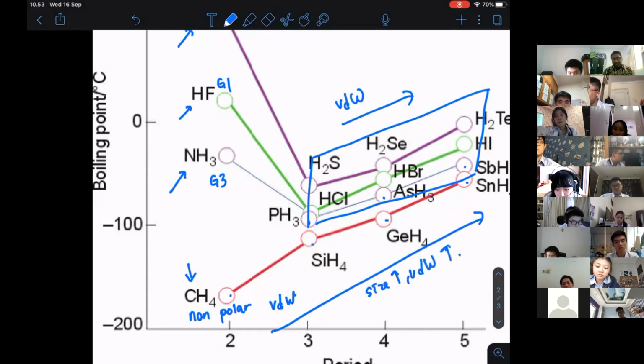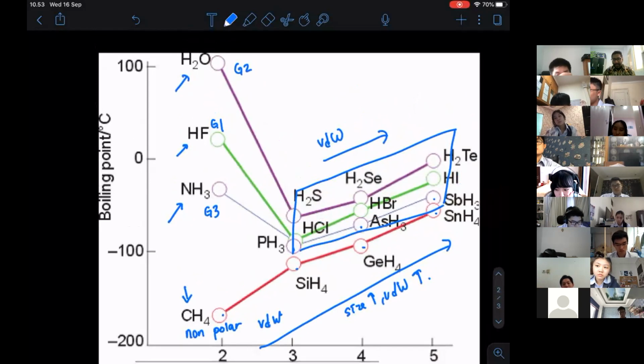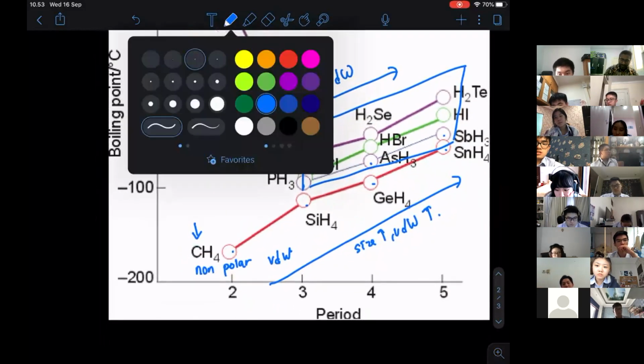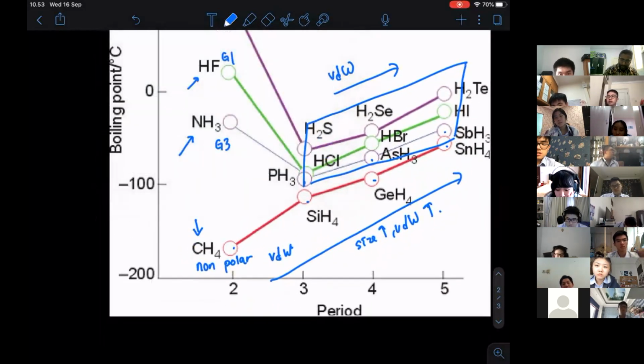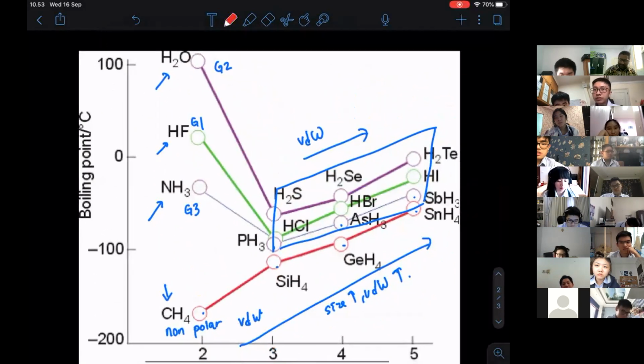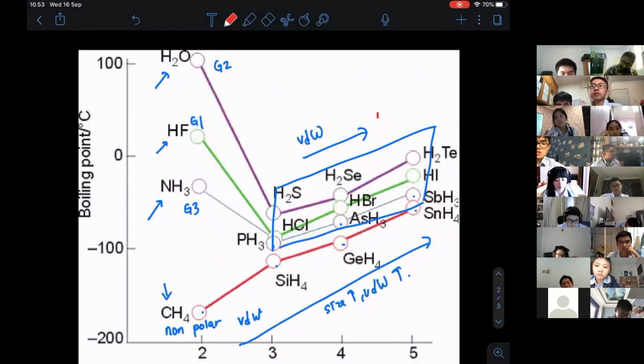Now, when you put all these together, how many marks are we looking at? Take note properly. If I give you 1 mark for all these 3, you mentioned van der Waals forces all increase and so on, I give you 1 mark.